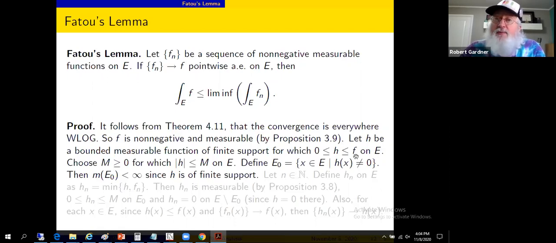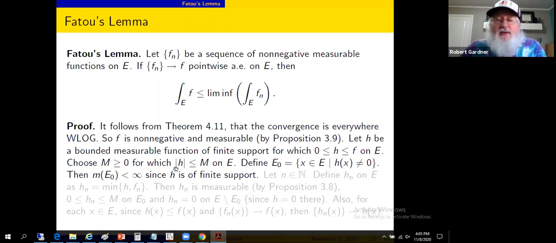As a supremum of the integrals of functions h of this form, bounded measurable functions of finite support that are less than or equal to function f. So we've got to be headed in that direction with the introduction of these h functions. The h functions are bounded, so choose some capital M where the absolute value of h is less than or equal to capital M.